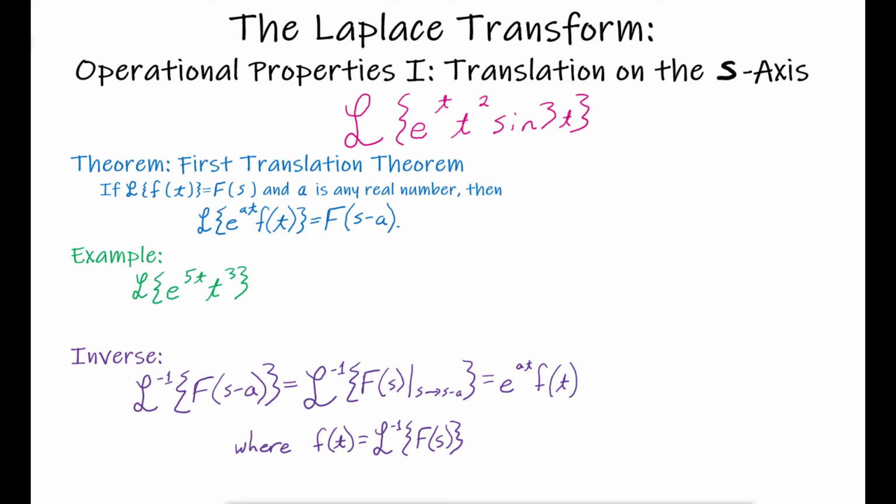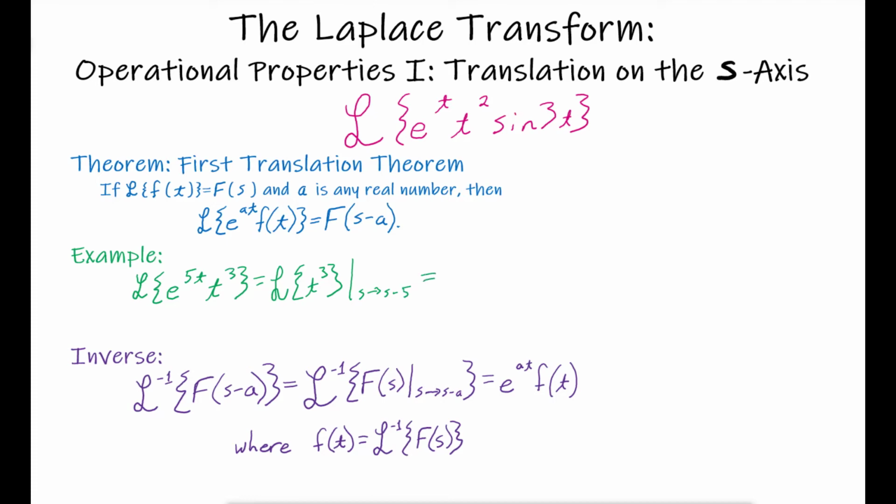Say I want to take the Laplace transform of e to the 5t t cubed. What this theorem is saying is I'm really going to be taking the Laplace transform of t cubed. And what I'll be looking at, though, is I'll be replacing s's with s minus a, so in this case s minus 5.